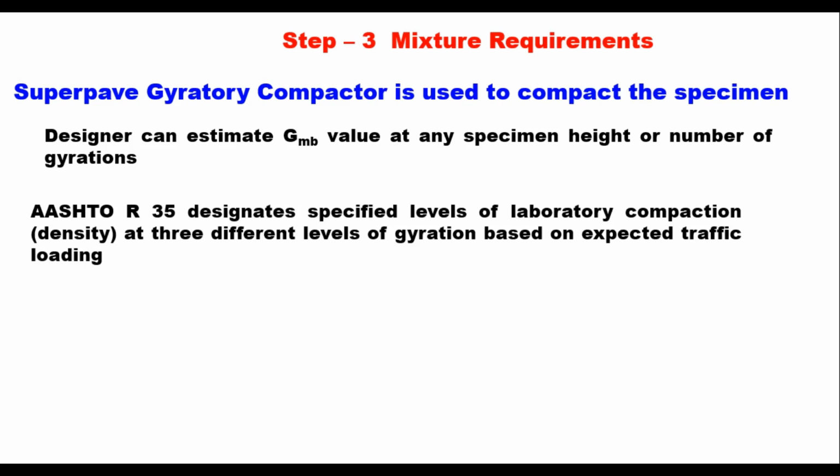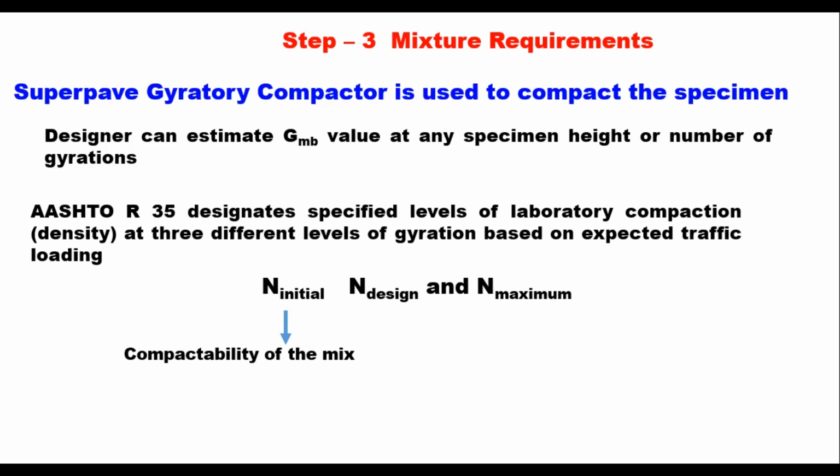As per R35, there are specified levels of laboratory compaction, that is density at 3 different levels of gyration based on expected traffic loading: N initial, N design and N maximum. This N initial is the measure of compactability of the mix and is based on the estimated field density obtained behind the screed before compaction.